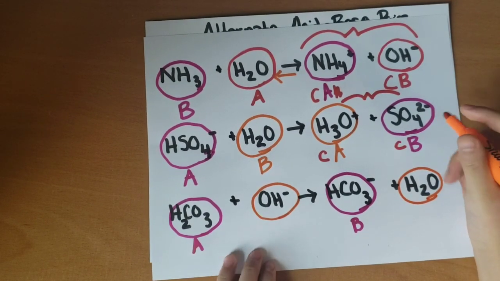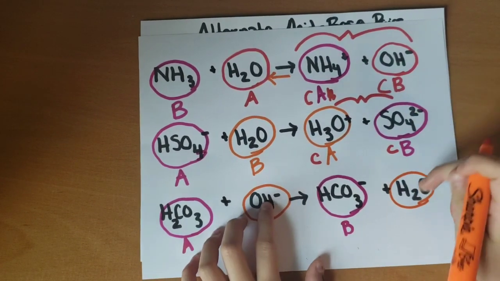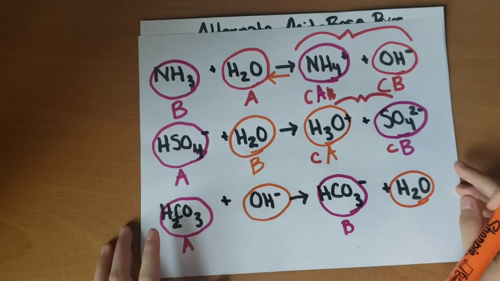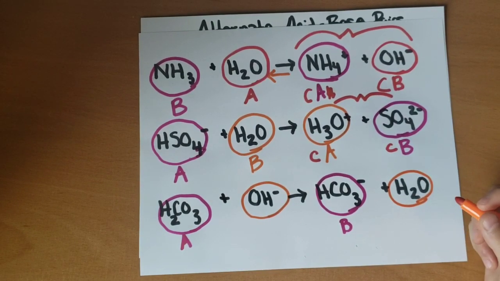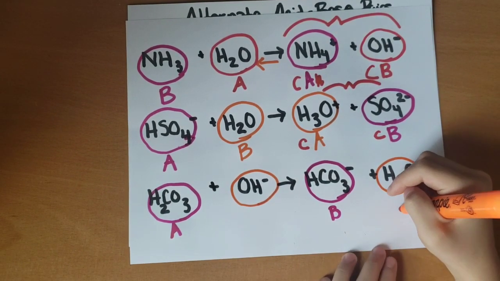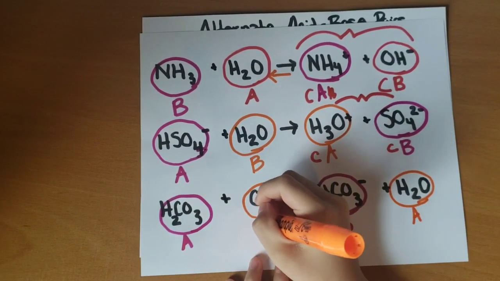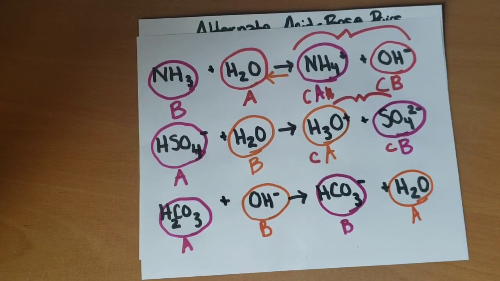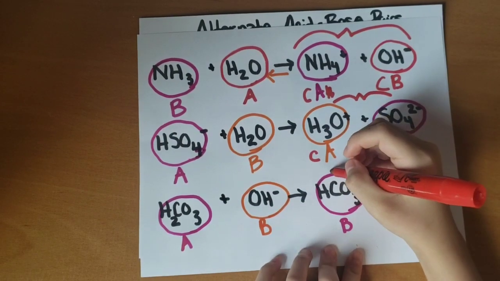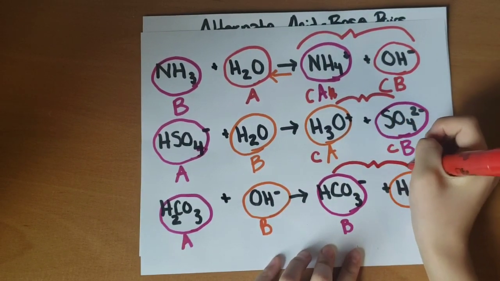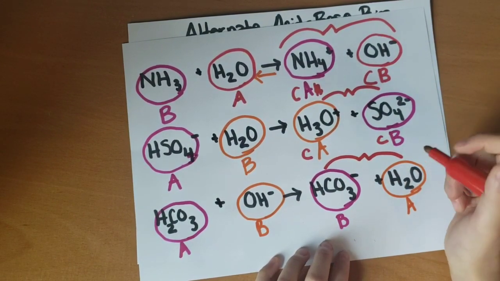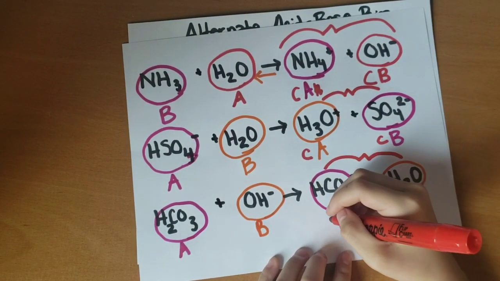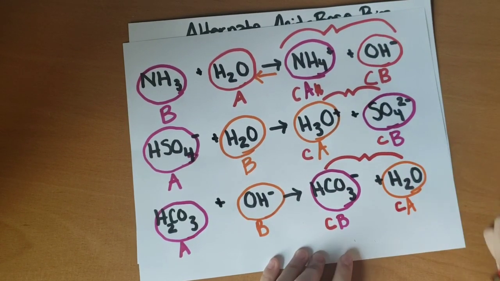These are pairs because this only has 1 H right here, and over here, this is 2 H's. So using that, we know that this is the acid and this is the base. And again, to the right of the arrow, this would have been the conjugate base and this the conjugate acid.